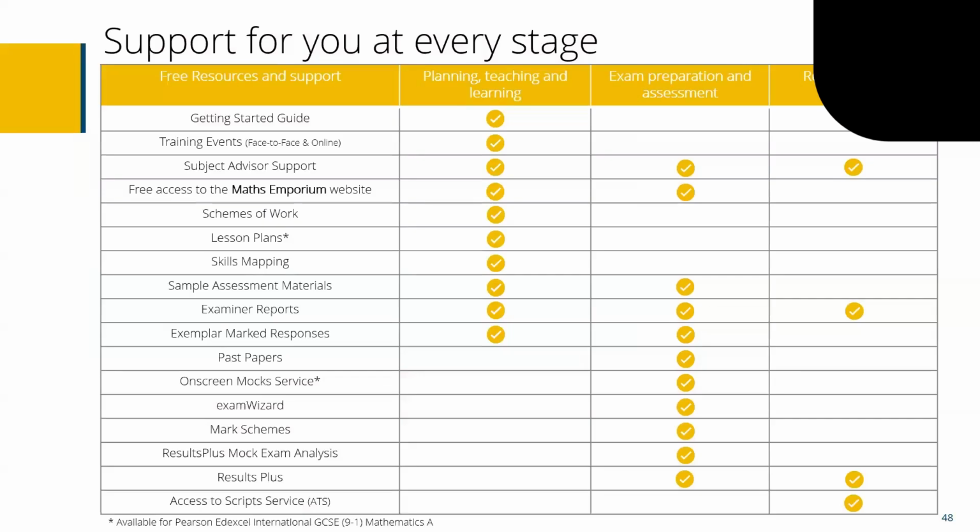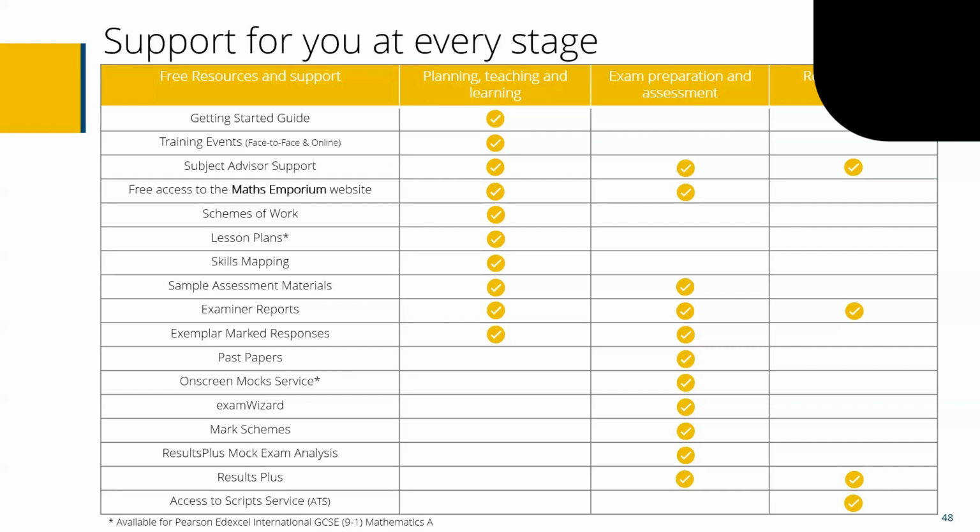Finally, just before we finish, I just want to remind you of the different support that Pearson offers, and the different platforms. If you're not utilizing them, or if you were part of the previous modules, it'll be a repeat here, but it's for anyone who missed it in our previous modules. First of all, our resources are split into 3 sections: planning, teaching and learning; exam preparation and assessment; and results support.